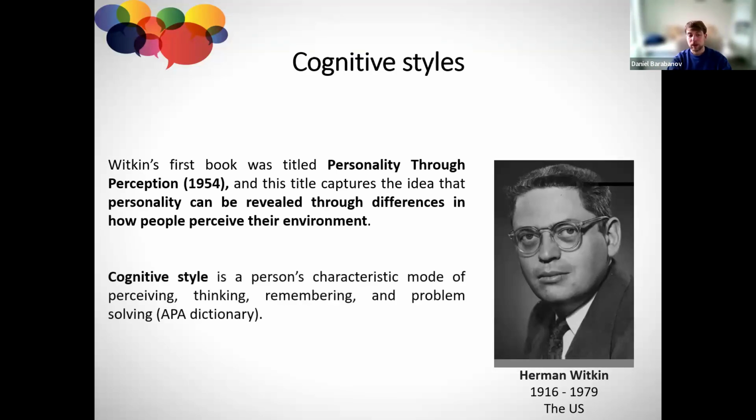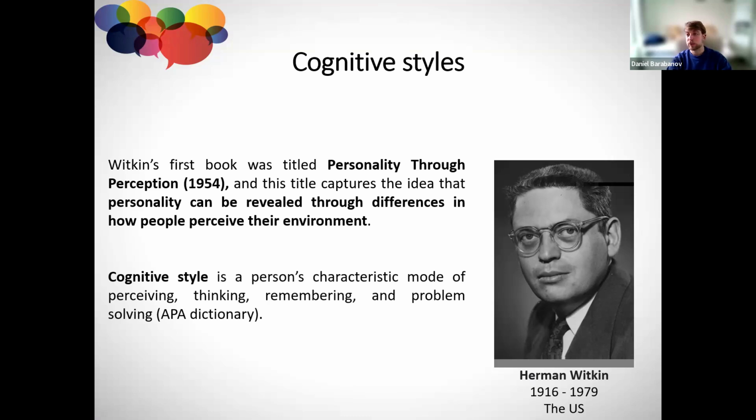So cognitive style, if we try to get a formal definition, is a person's characteristic mode of perceiving, thinking, remembering, and problem solving. So people are different, and the way they perceive, think, and interpret information is also different.